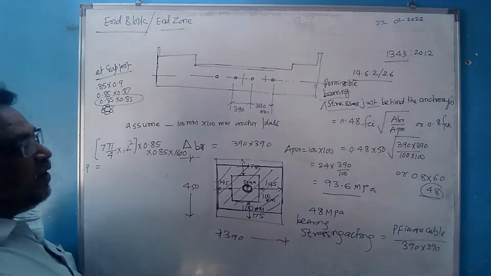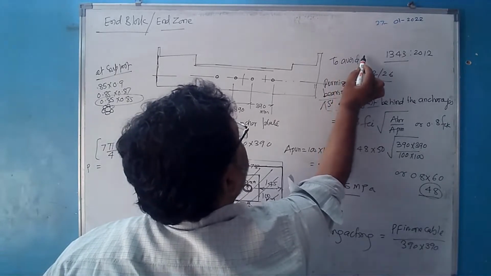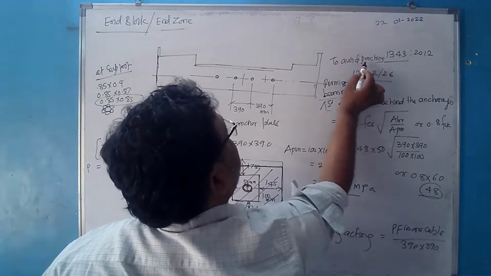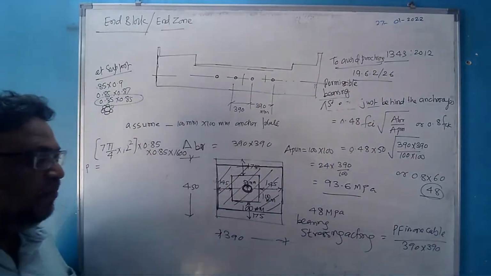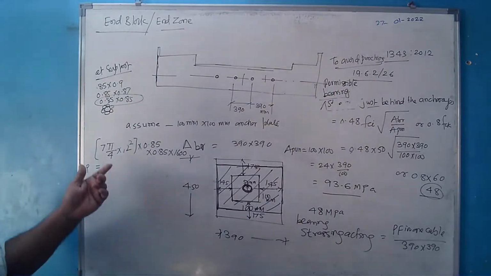This is to avoid punching. Punching should not happen. If it is not punching, it means whatever dimension we have provided is all right. How much is the force carried by one cable?